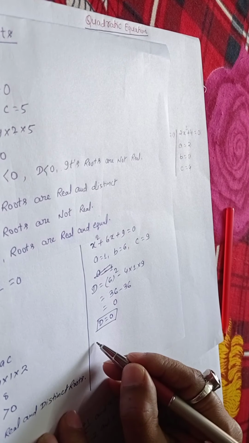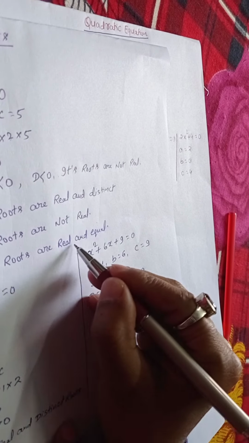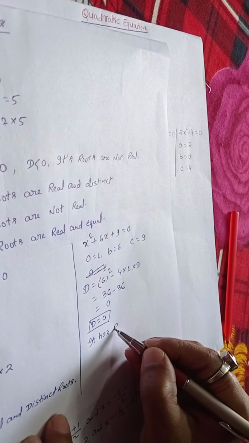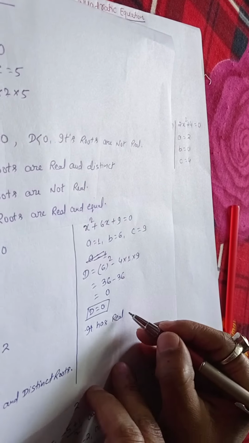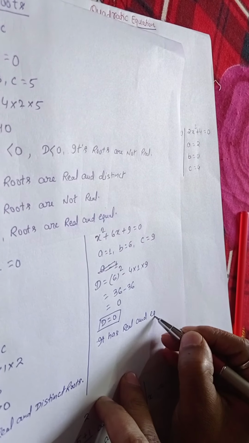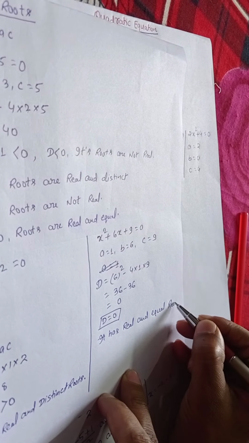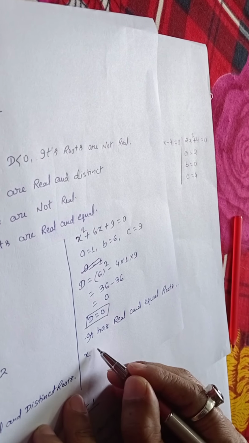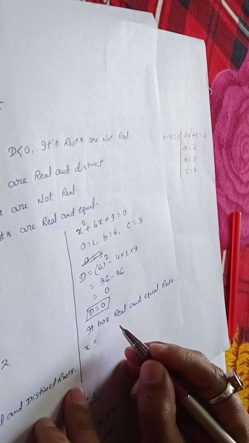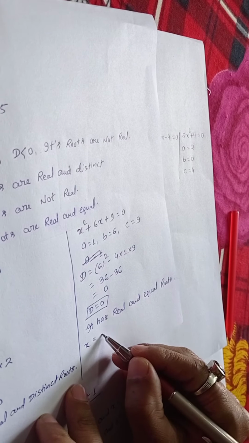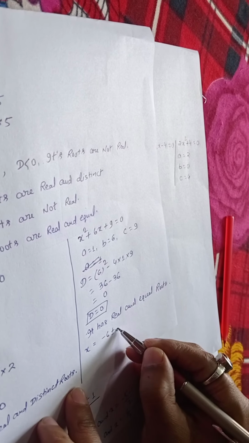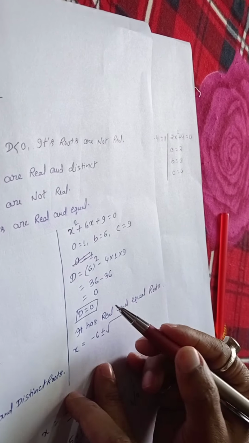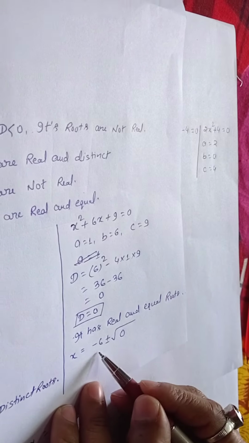D is equal to 0, it means we have the last condition, it means it has real and equal roots. If we find the value of x here, x will be equal to minus b, and minus b is minus 6, plus minus under root b square minus 4ac. b square minus 4ac is just D, and here D is 0.